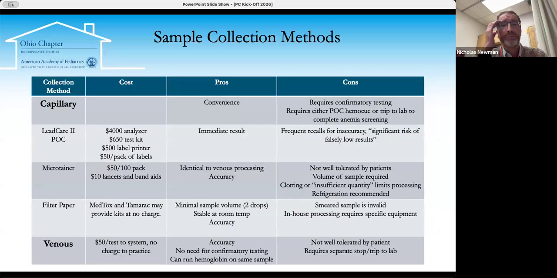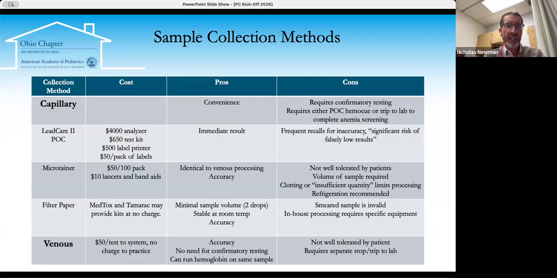And so there are a bunch of different ways that you can collect the samples, right? We'll try to go through this quickly and not read the whole thing to you, because you can all read it yourselves. So you have basically three basic approaches for capillary testing.